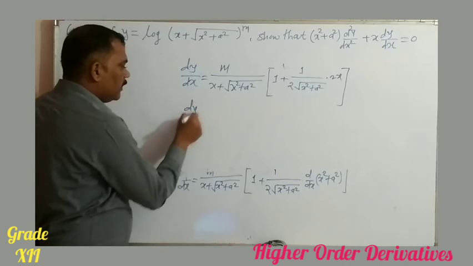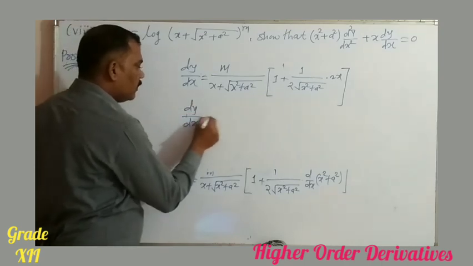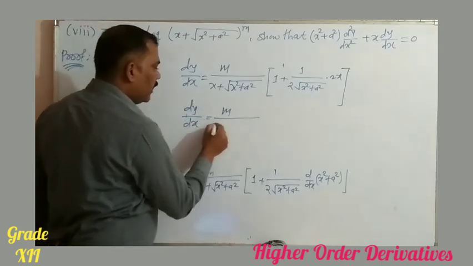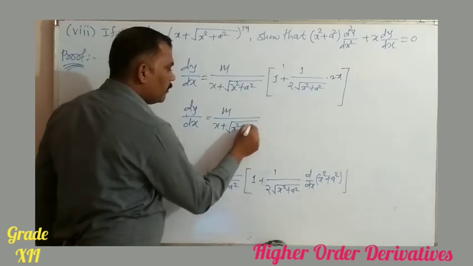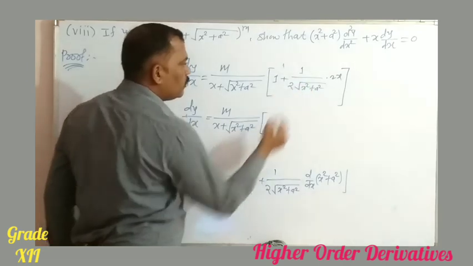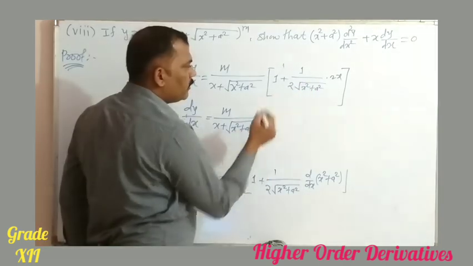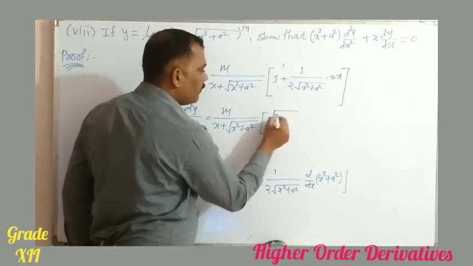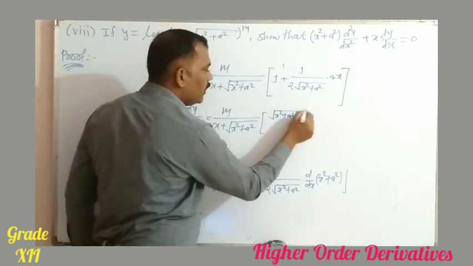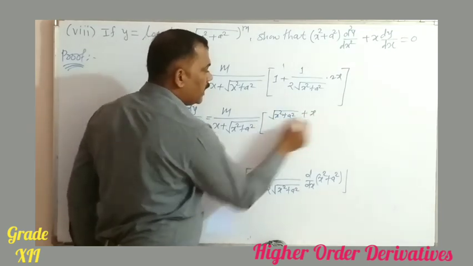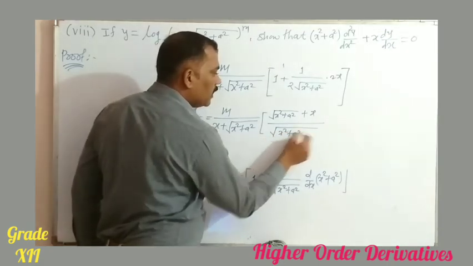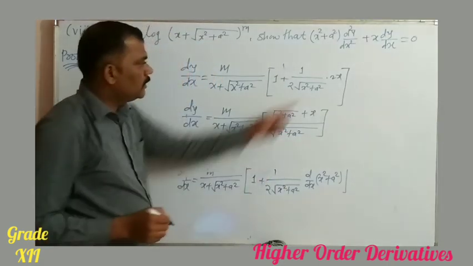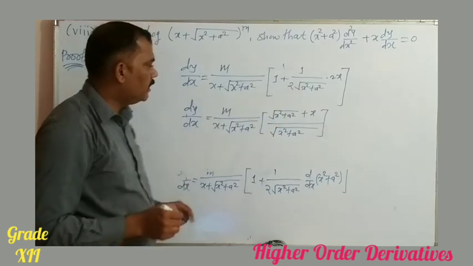dy by dx is equal to m divided by x plus root of x square plus a square into, to get cancelled, if we equalize the denominator, we get root of x square plus a square plus x divided by root of x square plus a square.